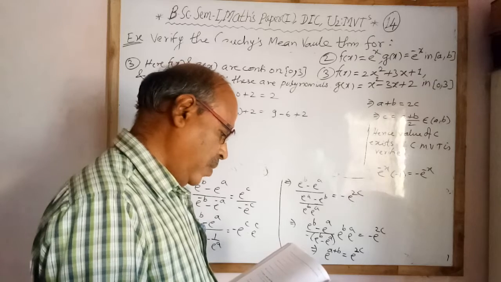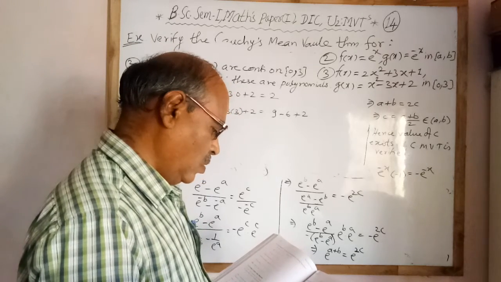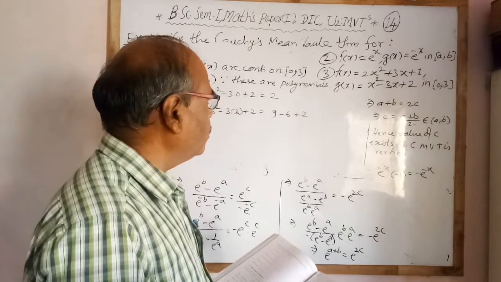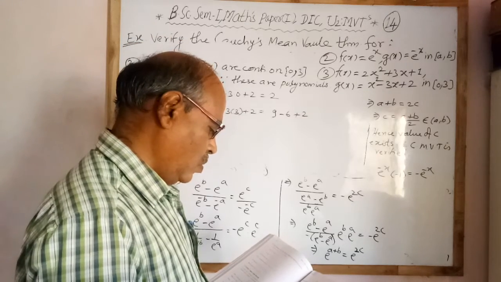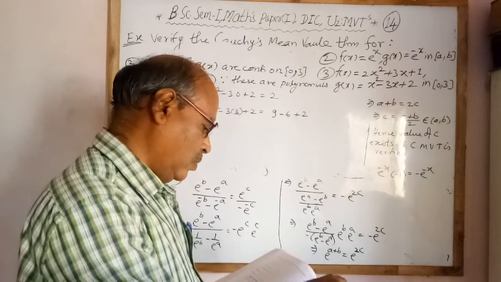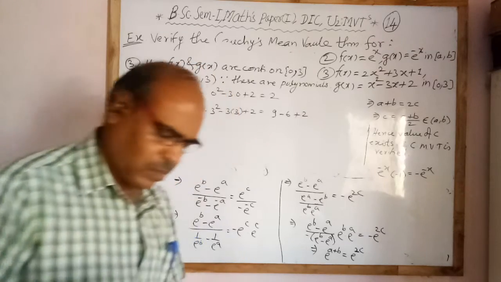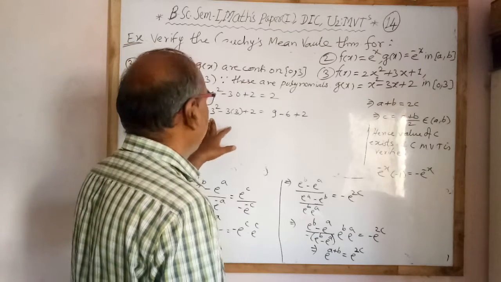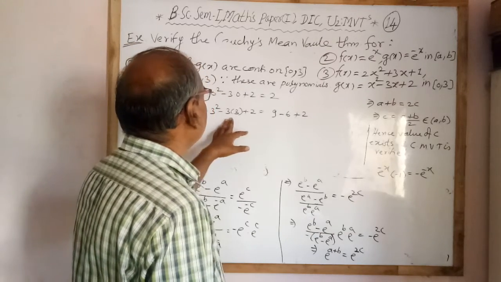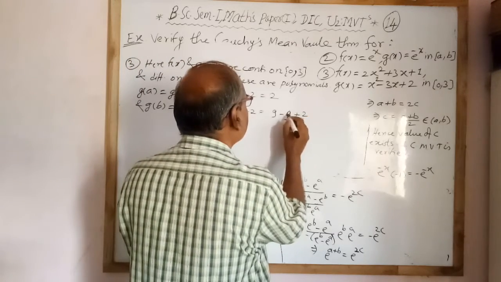The formula is g of x equal to x square minus 3x plus 2. The interval is 0, 3. Then you get 3 into 3, 9.